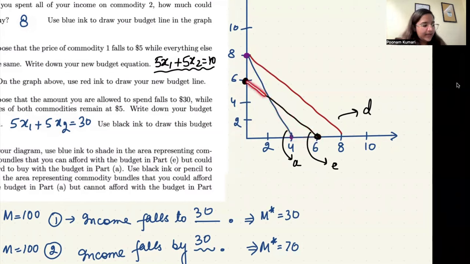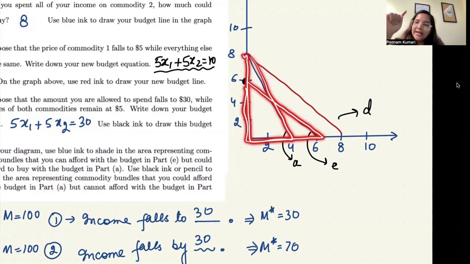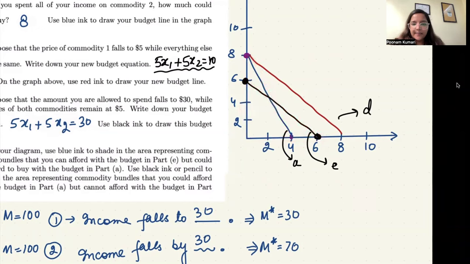Yes, ma'am. व्हाट डिड दे से कि ई पार्ट के हिसाब से यू कैन बाय बट ए पार्ट के हिसाब से यू कैन नॉट बाय. सो वो पार्ट जिसको मैं ई पार्ट के हिसाब से खरीद सकती हूँ लेकिन ए पार्ट के हिसाब से नहीं खरीद सकती, वो यही तो एरिया है ना. राइट. Yes, ma'am. So I will shade this region.